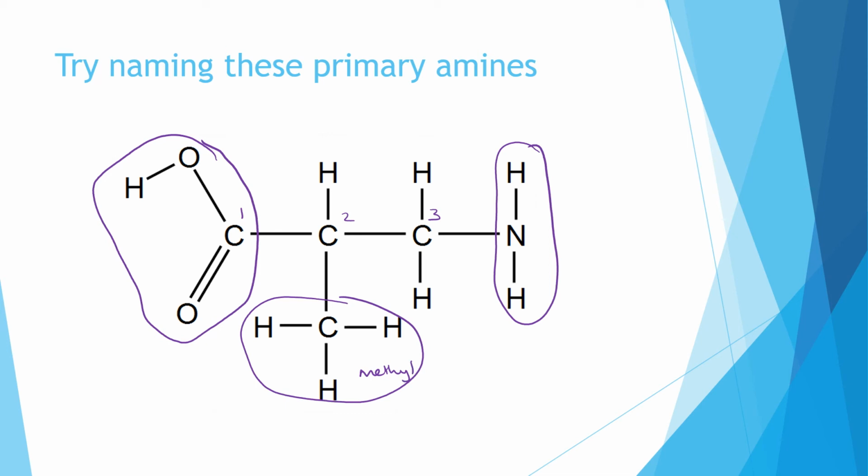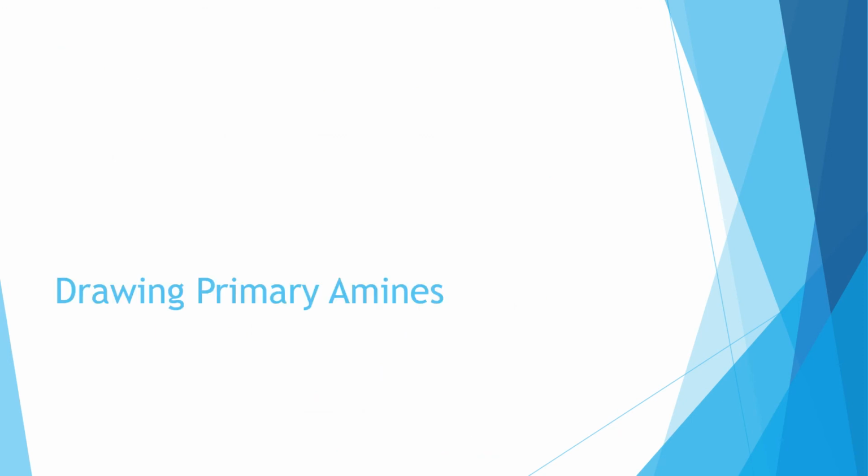So this is propanoic acid. Because there are 3 carbons, we have a methyl group. And that can only be found on 1 location, location 2. And we have an amino group. So 3-amino, 2-methyl, propanoic acid.